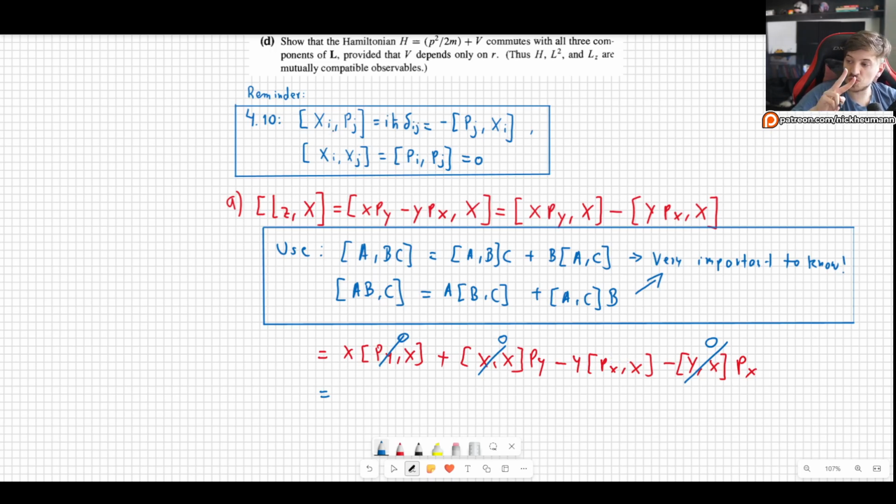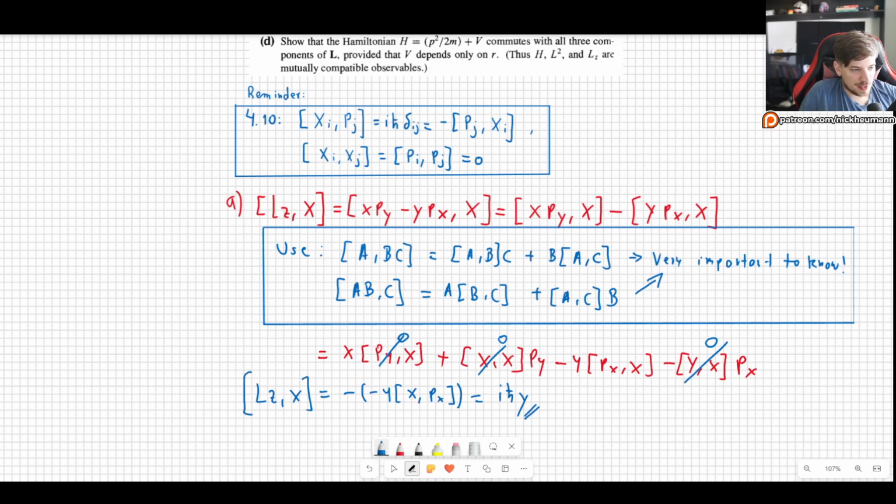So we're going to have to switch the order of the commutator by putting a minus in front. So that's going to mean we have minus y times the commutator of x and px. And now we can use what we had up there, which means that this thing is going to be iℏ times y. So this was Lz comma x.